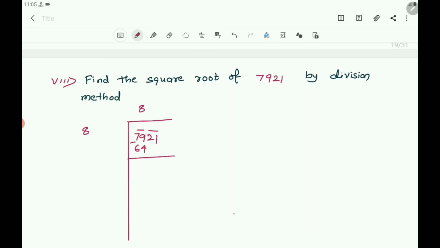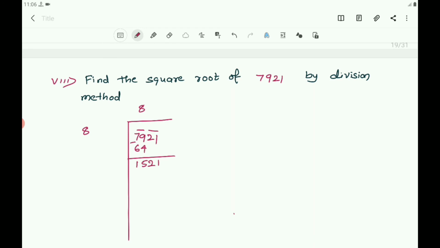Now you subtract 64 from 79. 9 minus 4 is 5, and 7 minus 6 is 1. Then you take the next group, 21, and it becomes 1521.